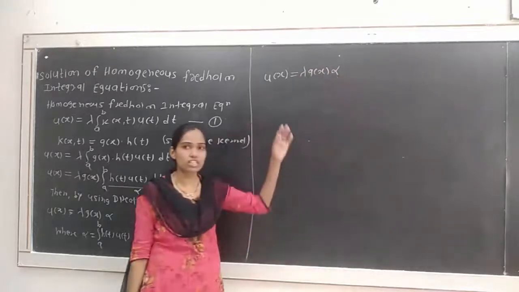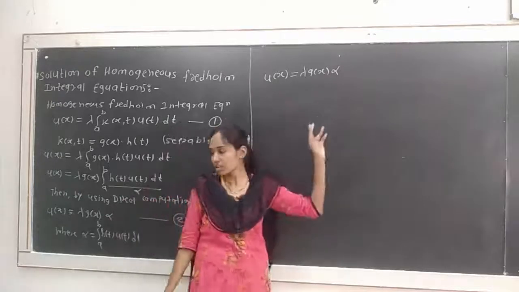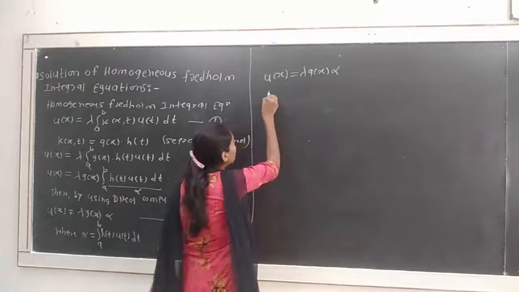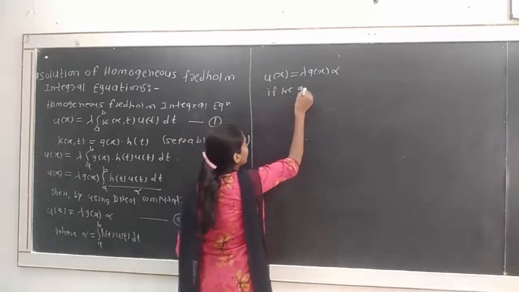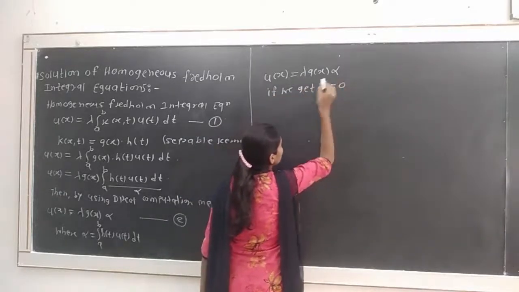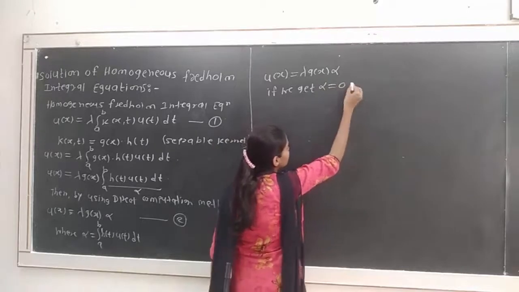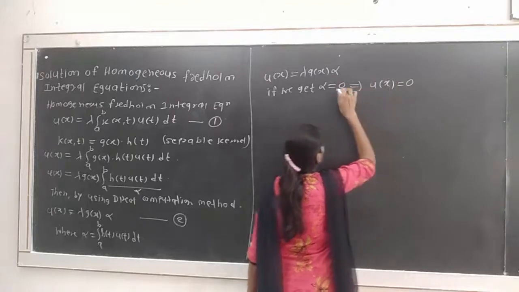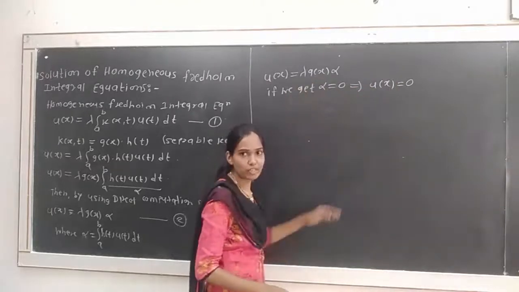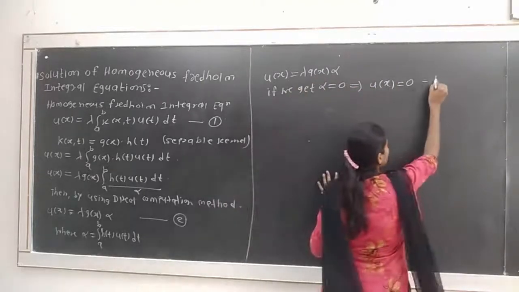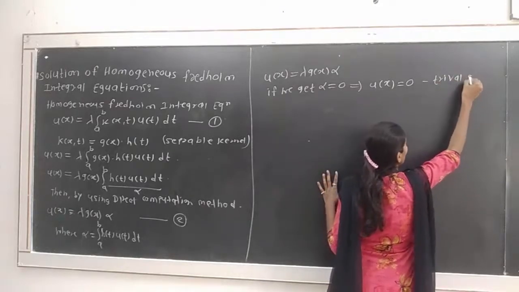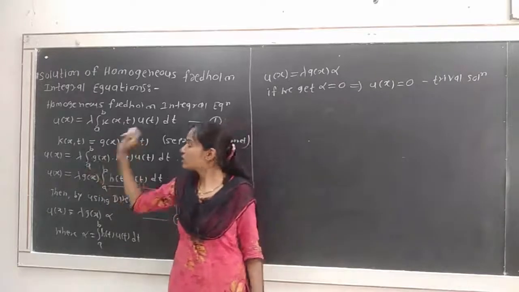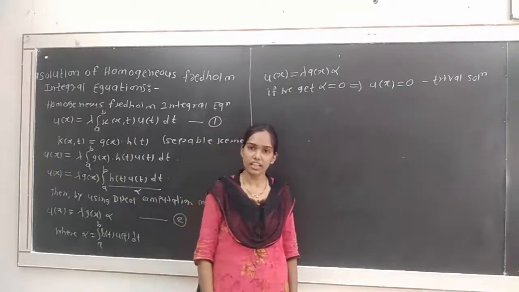See here, if we get alpha equal to 0, then by putting alpha here we get u of x also equal to 0, that is the trivial solution for the homogeneous Fredholm integral equation.